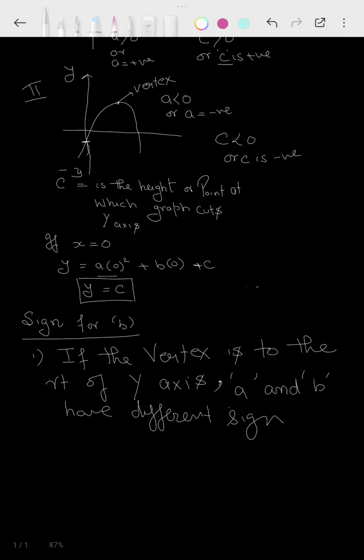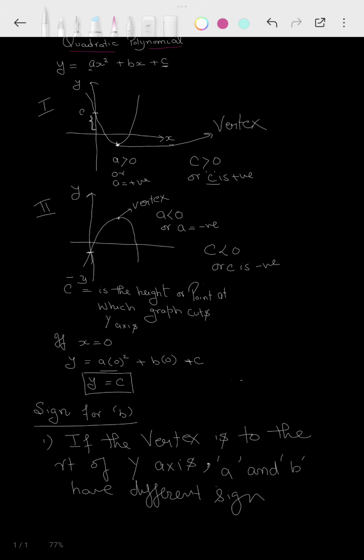So in both the cases, our vertex is to the right of the y-axis. So in the first case, see, A is greater than 0 or A is positive. So B will automatically be negative. So B is less than 0 or negative. This is the way we find out.